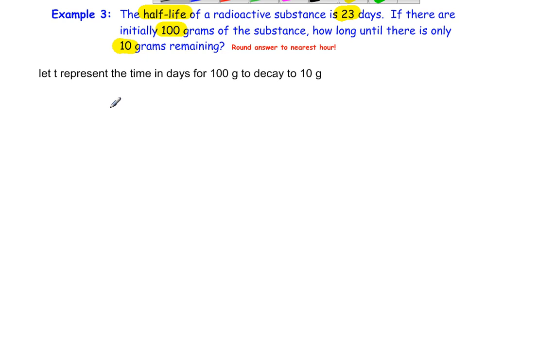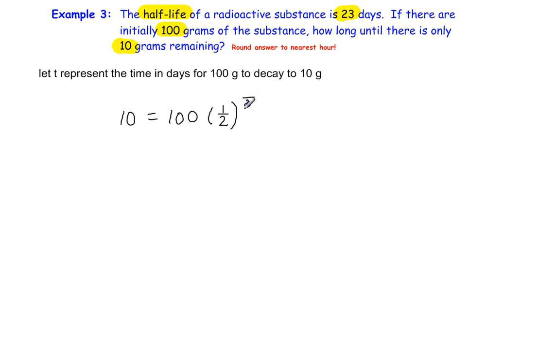So the equation, just as it was in example 1 and 2, will be the final amount, which is the 10 grams we want left, equaling some start value, which is 100 in this case, multiplied by the power. So the power has a base of 1/2 to represent half-life, and we know that half-life takes 23 days.